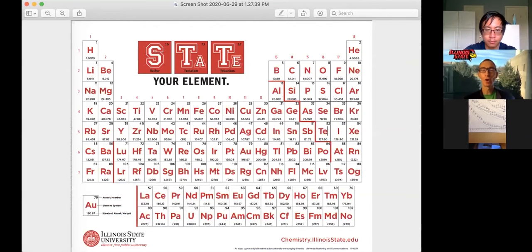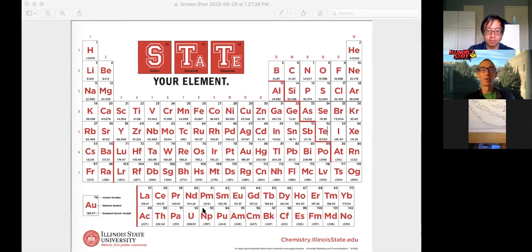Okay, let's go in the other direction for a second. As you go down a group of the periodic table, the general trend is that electron affinity decreases. So that means that the desire to accept electrons gets worse.